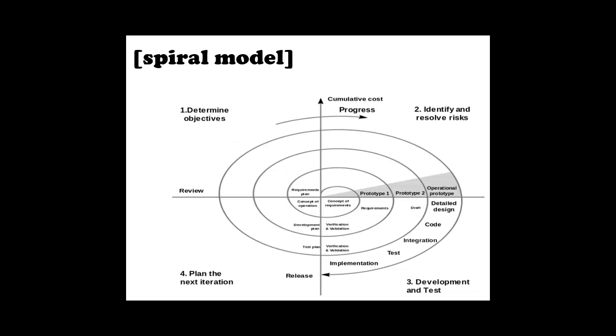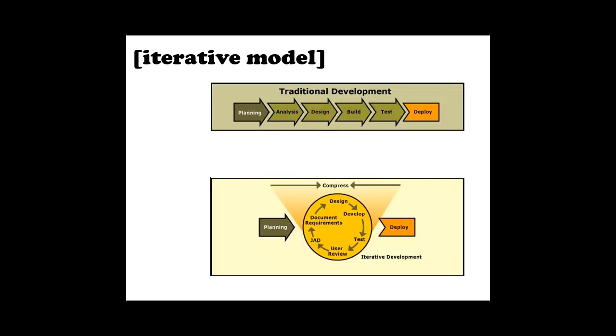There's a spiral model, which begins with developing objectives, identifying and resolving risks, developing and testing, and planning the next iteration. And there's an iterative model, where cross-planning and deploying activities like designing and developing happen, sometimes over and over again until refinement and deployment occurs.